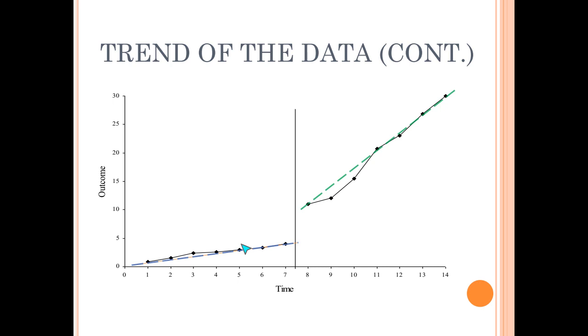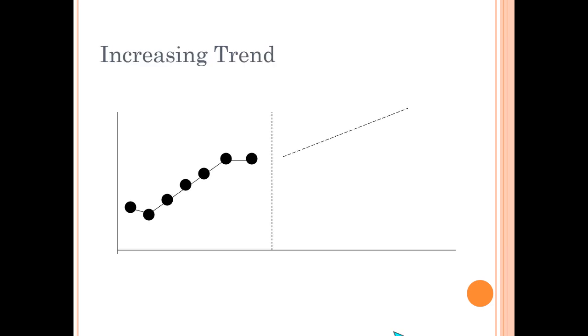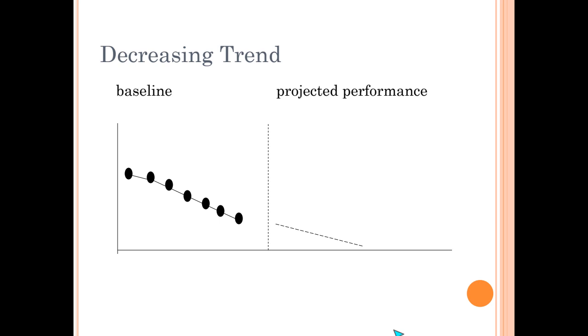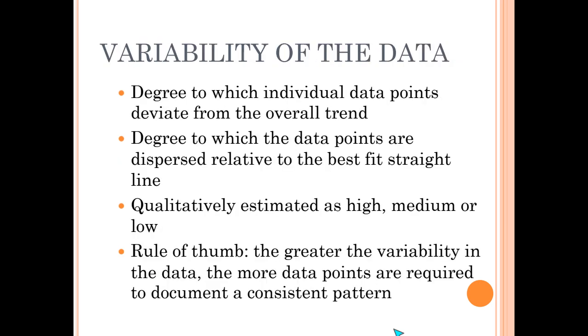Good. Let me continue talking about the variability. So this is how the data are being dispersed. And you can talk about variability as high, medium, or low. And like I said, the greater the variability in the data, the more data points are required to document a consistent pattern.